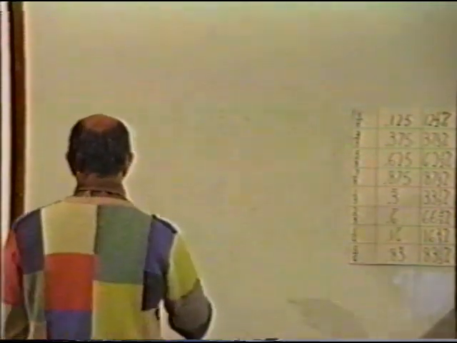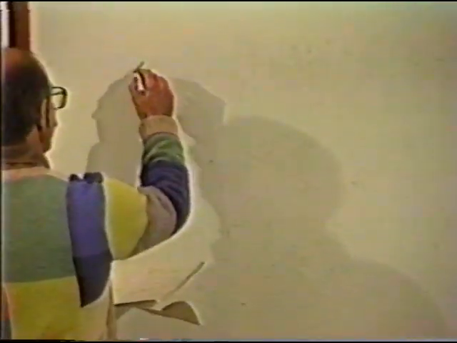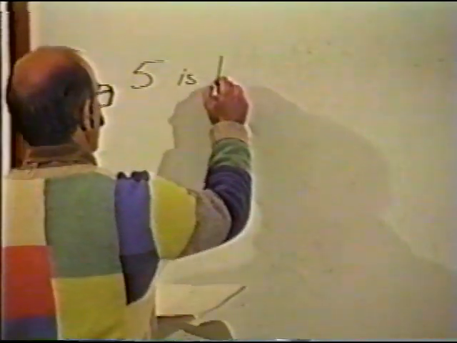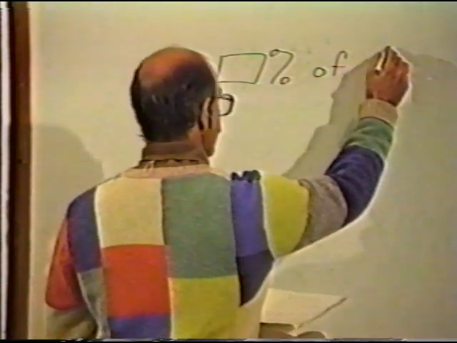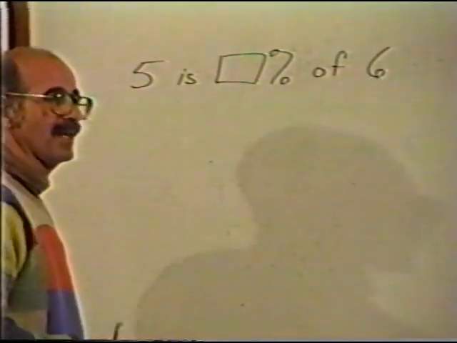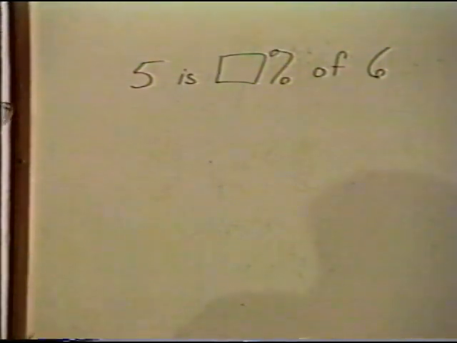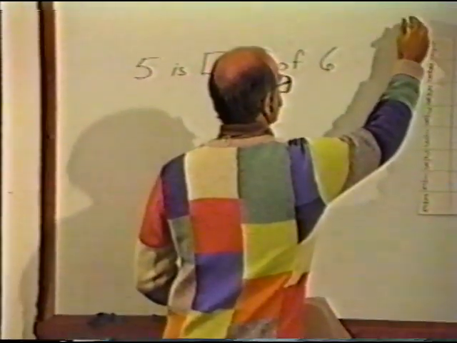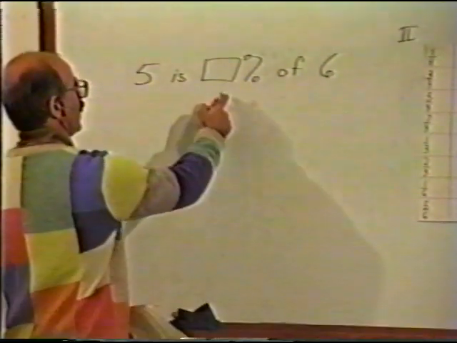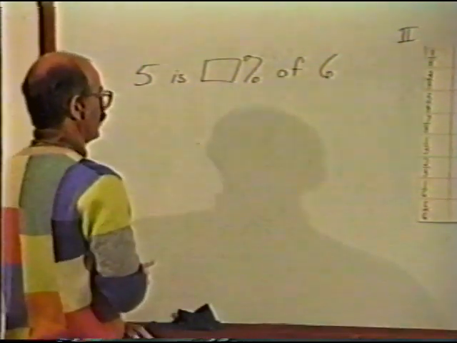Now you know how to do types 1, 2, and 3. Let's see if you can tell them apart when they're all mixed up together. Here's the first one. 5 is what percent of 6? What type of problem is that? Type 2, because it's a what percent problem.